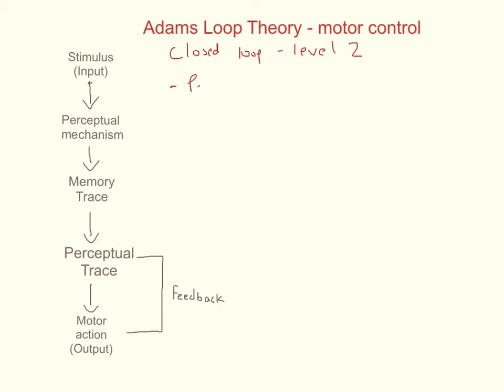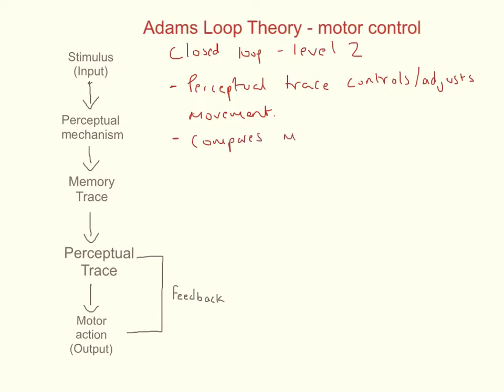Okay, your perceptual trace controls or adjusts movement, and it does this by comparing what's going on in terms of our movement. So it compares the movement with the memory trace.